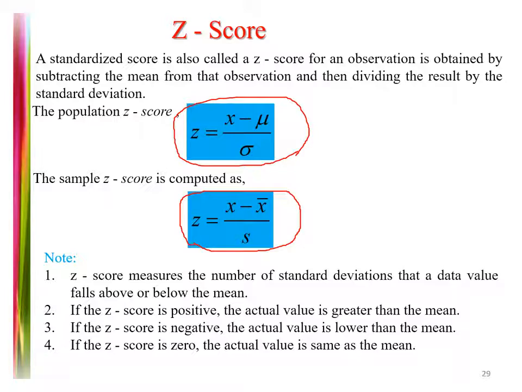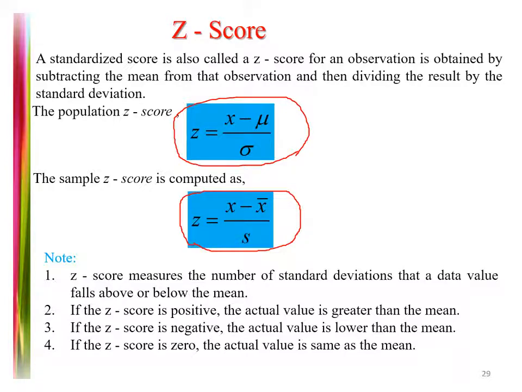So in this case, the z-score measures the number of standard deviations that the data value is below the mean or above the mean. So in some situations x bar is greater than the individual observation, in some situations x bar is less than the individual observation, and in some situations x bar is equal to the individual observation. So we have three different categories.